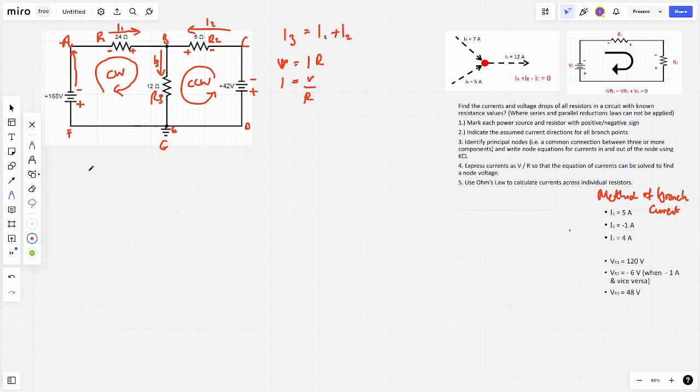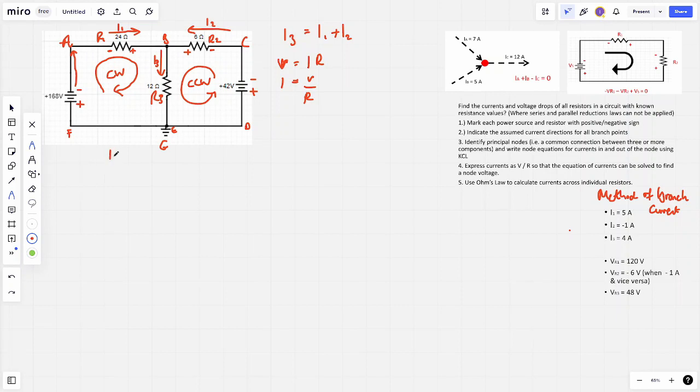So I1, which is the current flowing in this loop, is going to be the voltage divided by the resistance. The voltage we always take from the positive sign minus the negative sign. So the positive sign is the voltage at B. Can you see at this resistance, the positive side here has the voltage of B, and that means the negative is going to be the voltage at A. So we're going to be looking at those points.